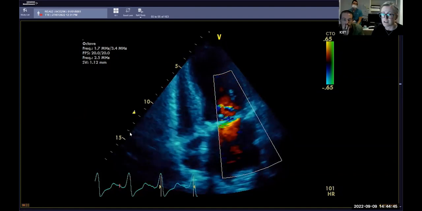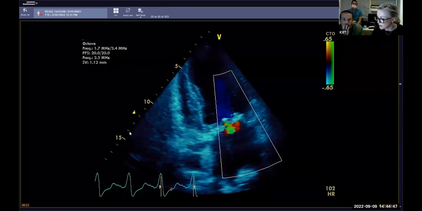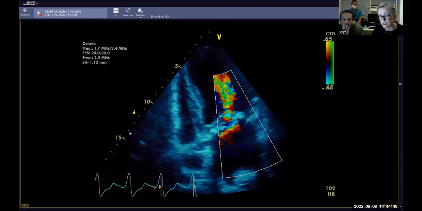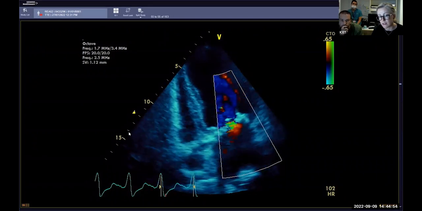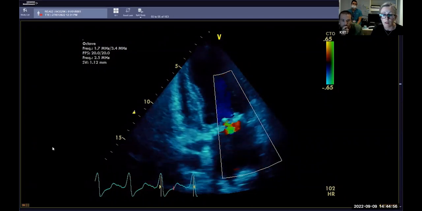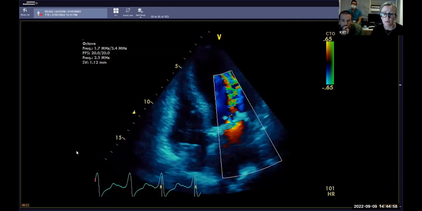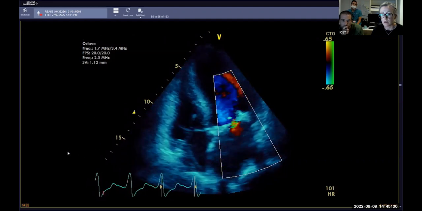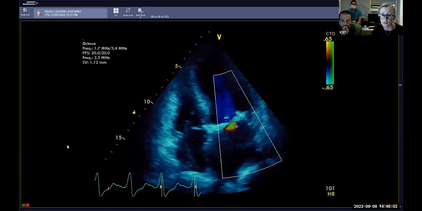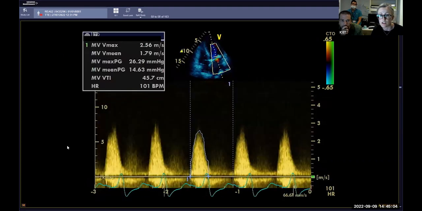Yeah, exactly, because all of the pressure half time and things like that were validated by Hatle, and those initial studies were mainly on rheumatics, I think. Generally we talk about degenerative mitral stenosis as generally not being severe. So what do you think of this gradient then?